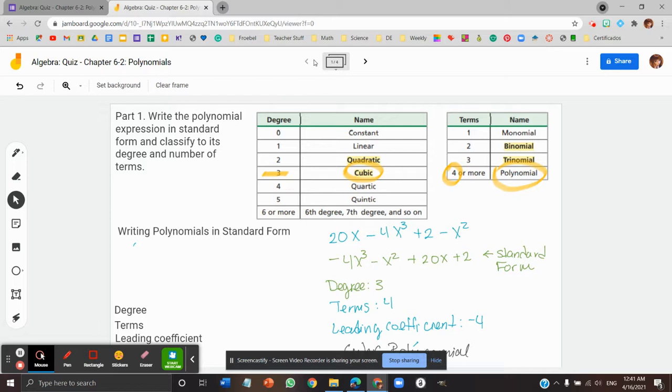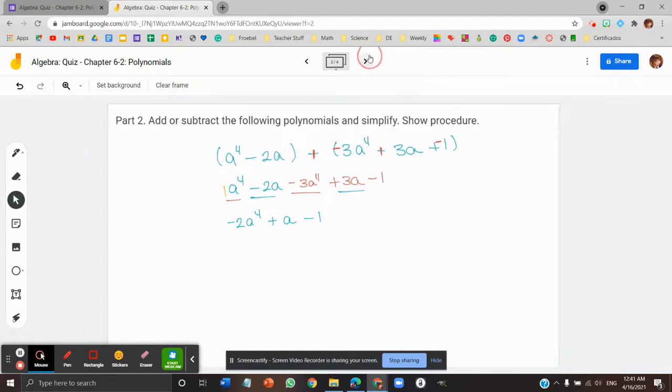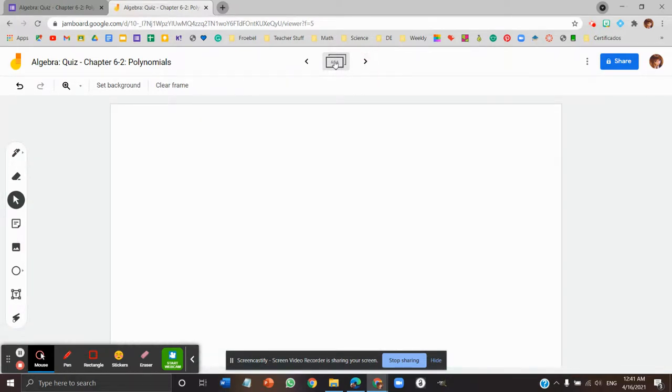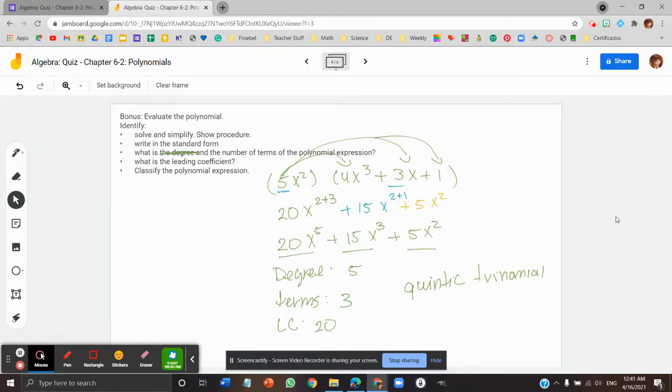I'm going back there. Quintic. And because it has 3 terms, it will be a trinomial. Oh, I forgot to move this one. Wait, a bit too much. There we go. A quintic trinomial. This is an r, sorry. Trinomial. And that is what you have to do for the bonus.